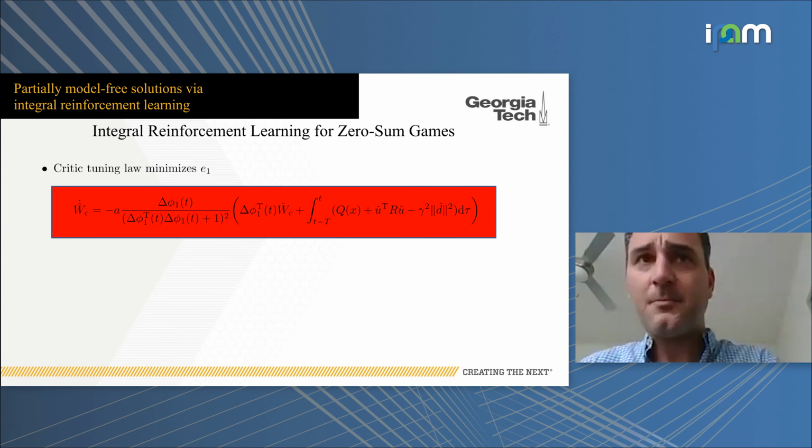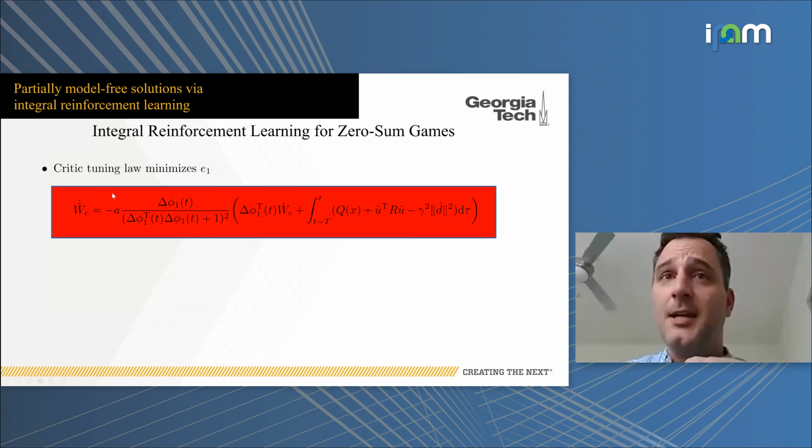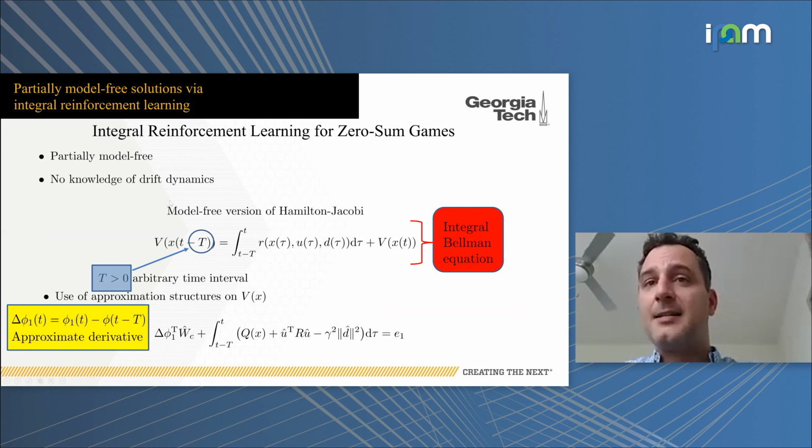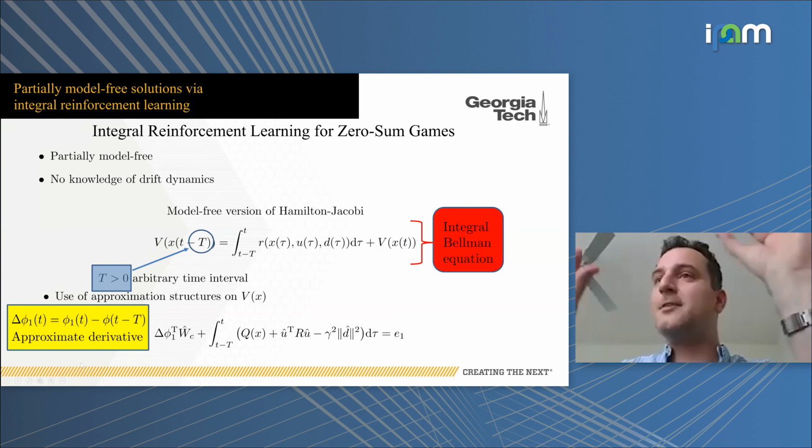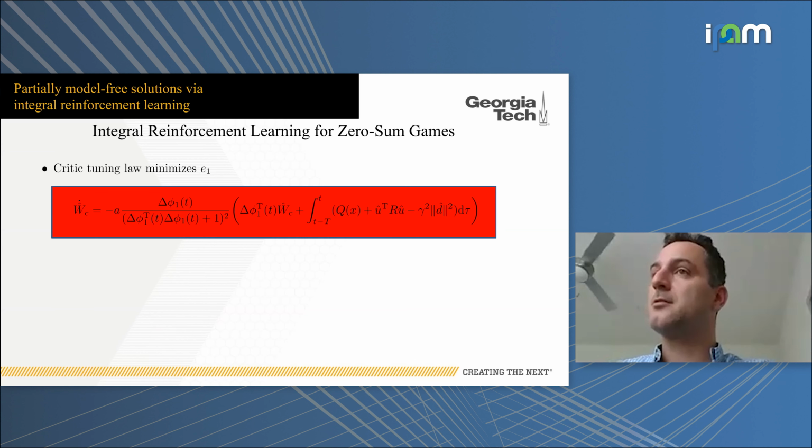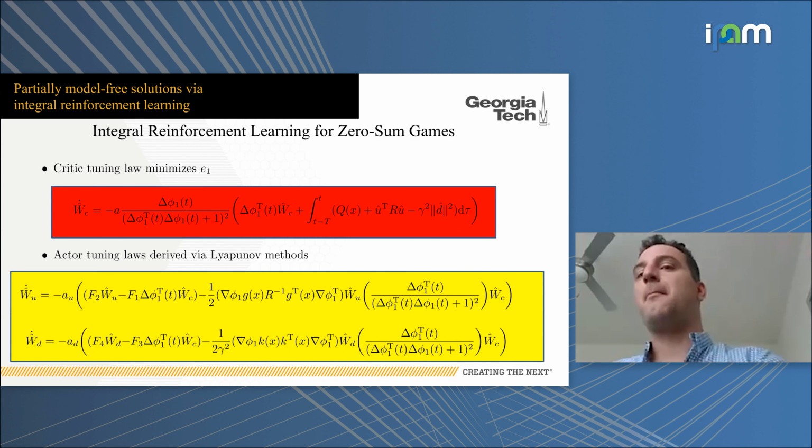Okay? So now my critic, as you see here, and remember, delta phi's are just differences on your bases, okay? So now your W_C doesn't depend on f of x, neither g of x. But of course, my controllers depend on g.